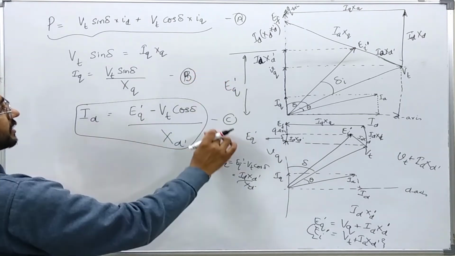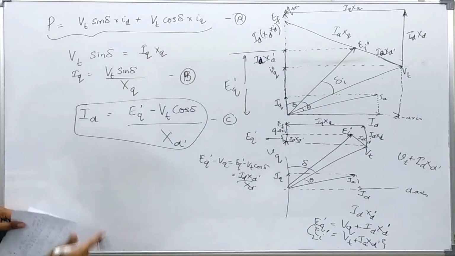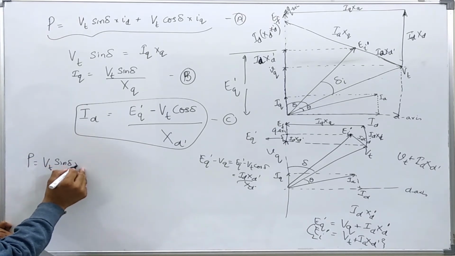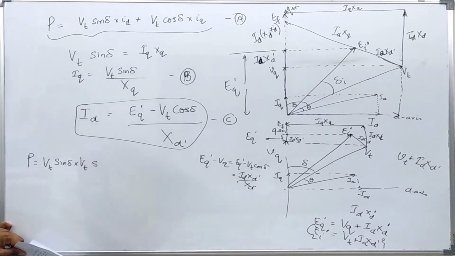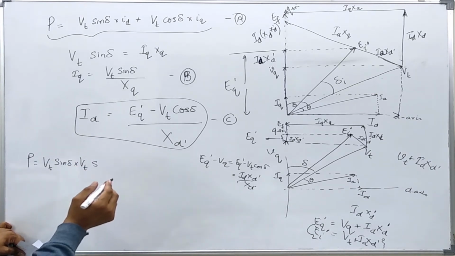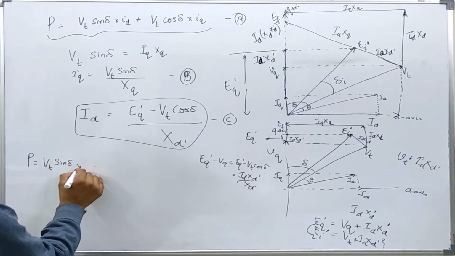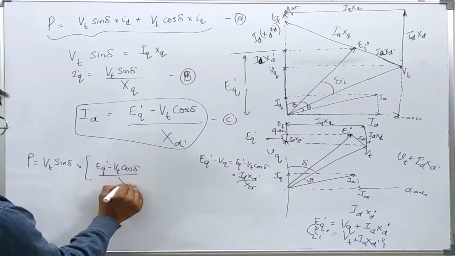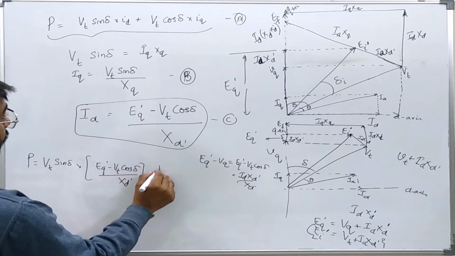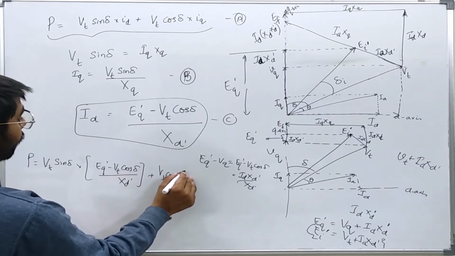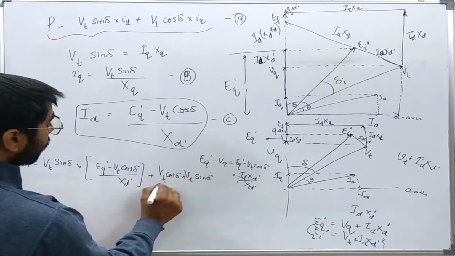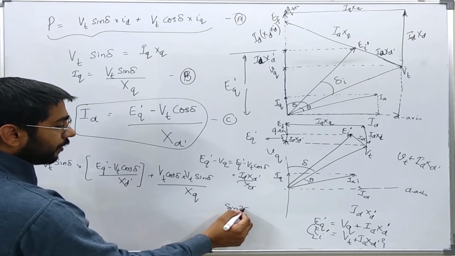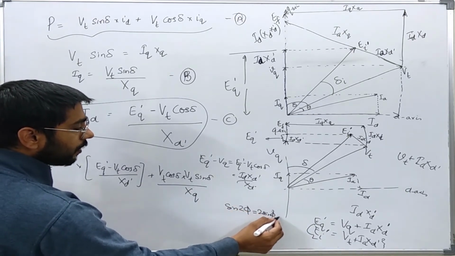Now from B and C I will put the values in A. What I will get? P is equal to VT sin delta into VT into (EQ dash minus VT cos delta) over XD dash, plus VT cos delta into VT sin delta over XQ. Now you already know that sin 2 theta is nothing but 2 sin theta cos theta.